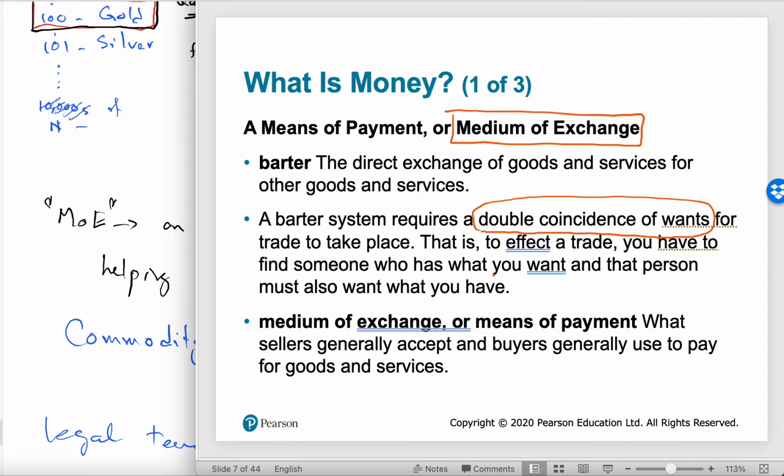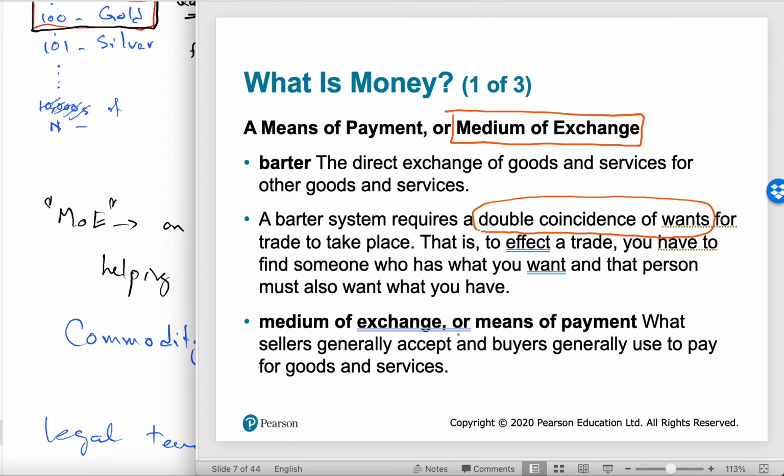The possibility of coincidence of wants for 3 items basically becomes 1/3. Whereas for 2 items, it's always happening. And for n items, there's a formulation by which we can determine it using combinations.